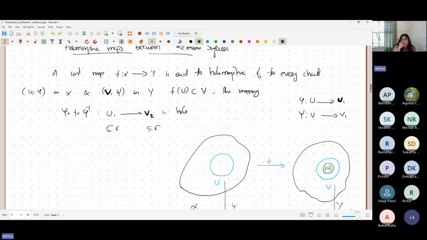This is actually a generalized notion of what we have already defined for holomorphic functions on C. There also we say a continuous function is holomorphic if it is differentiable in a neighborhood of the point. We are telling about continuity of that function; we are actually finding a generalized notion.